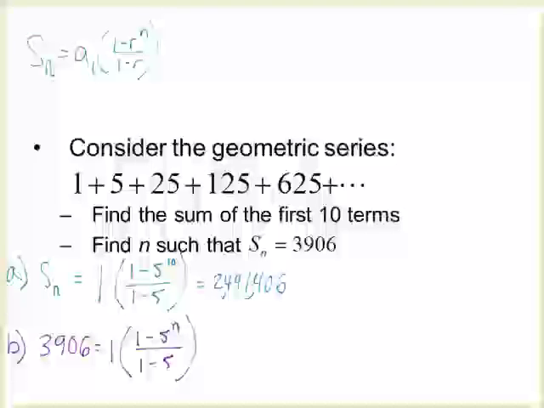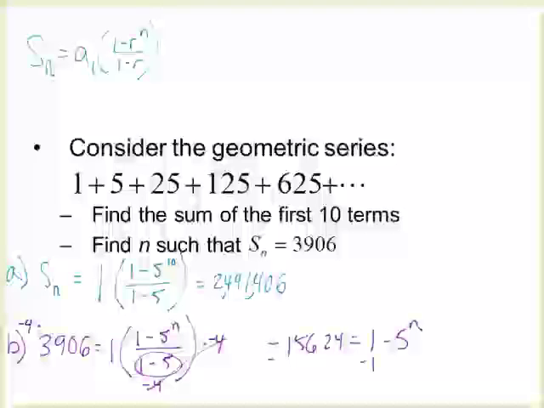I'm going to start by saying that this bottom is equal to negative 4 and multiply both sides by negative 4. That gets rid of my fraction. So that gives me negative 4 equals 1 minus 5 to the n.